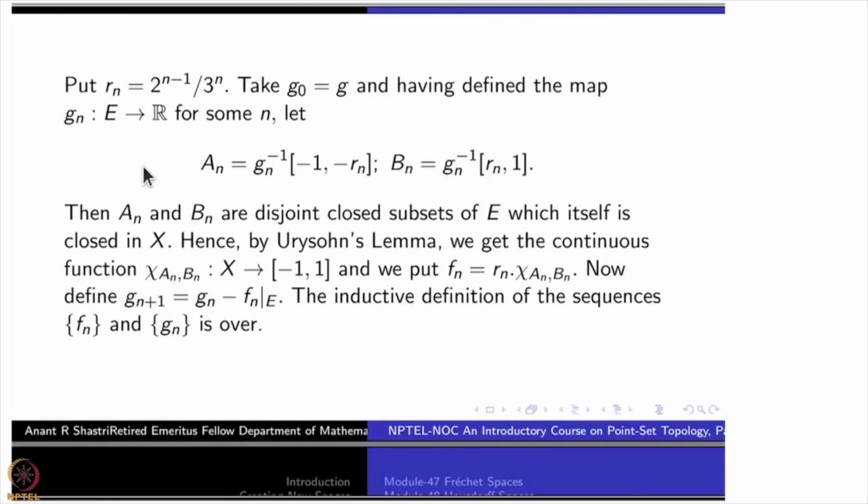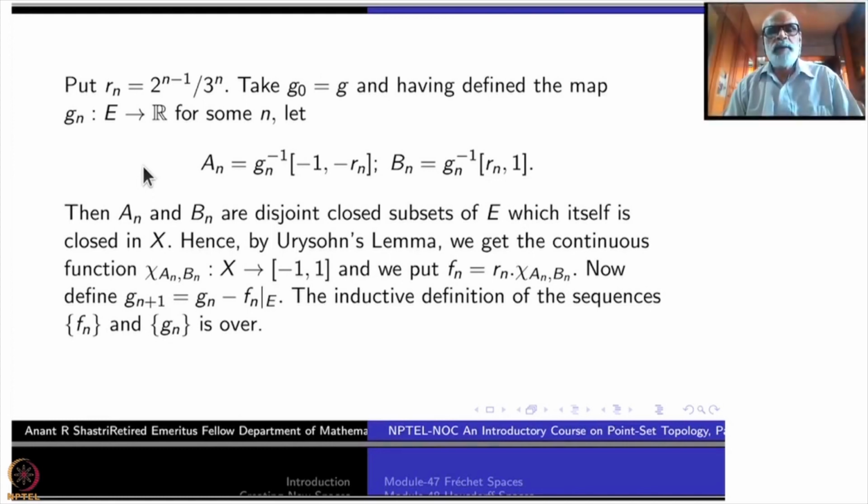Put Rn equal to 2 power n minus 1 divided by 3 power n. Take G naught equal to G. Having defined the map Gn from E to R for some n, inductively we are going to construct the next, Gn plus 1.